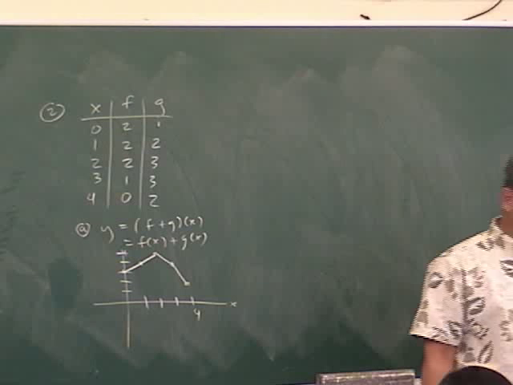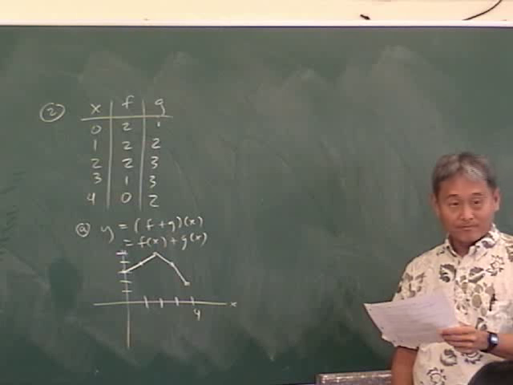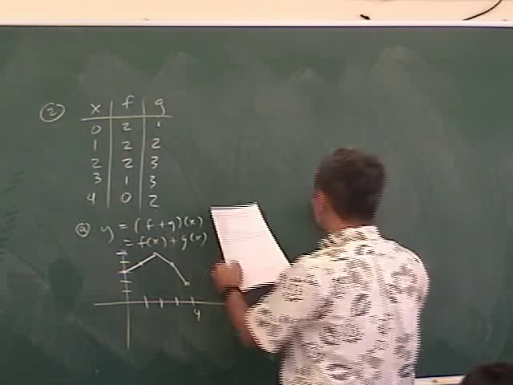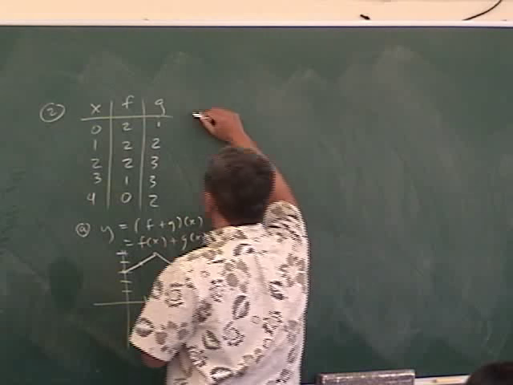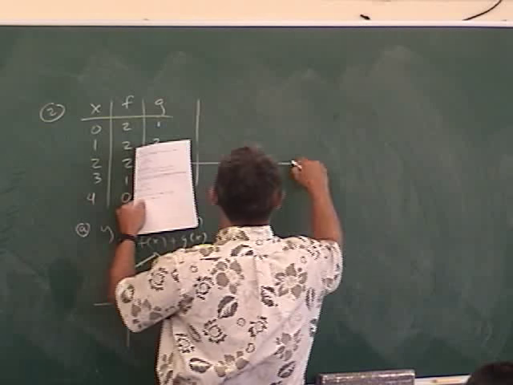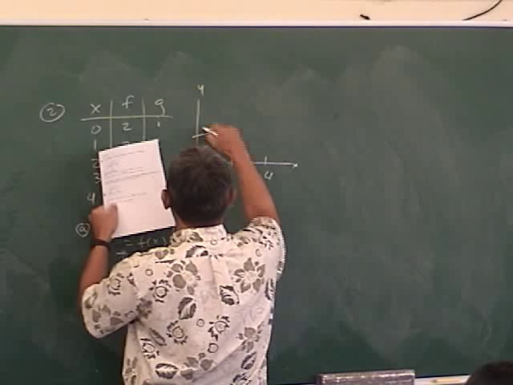Anyway, which one do you want to do then? How about F? You want to do F? Okay. I have to draw the original graph to explain it too. So 1, 2, 3, 4. 1, 2, 3, 4.